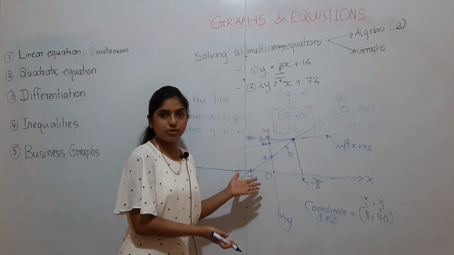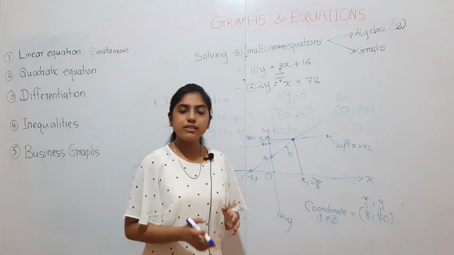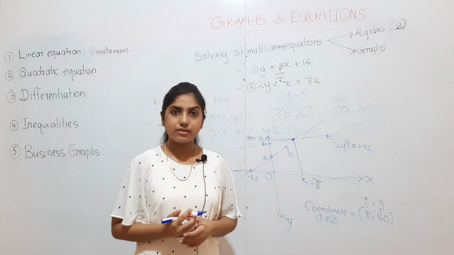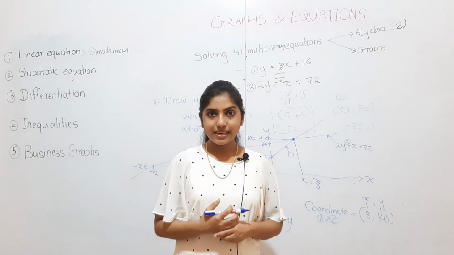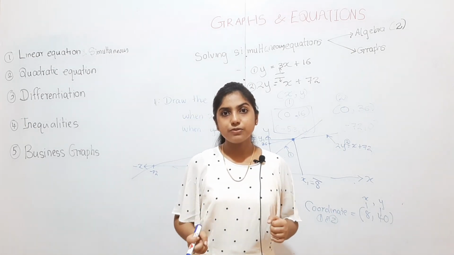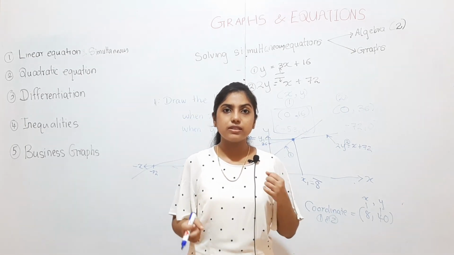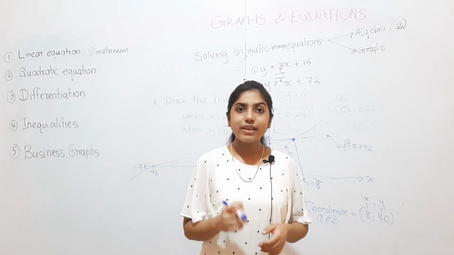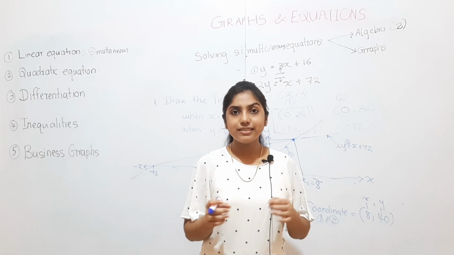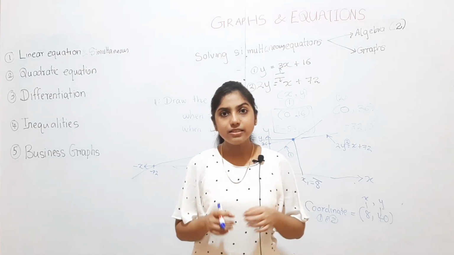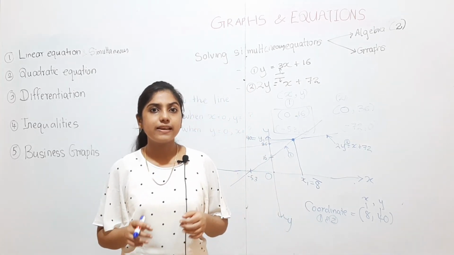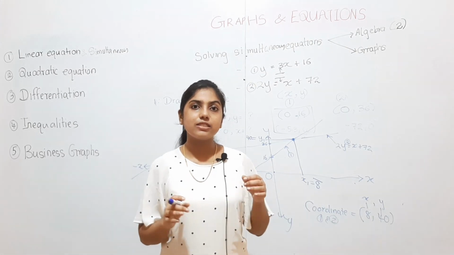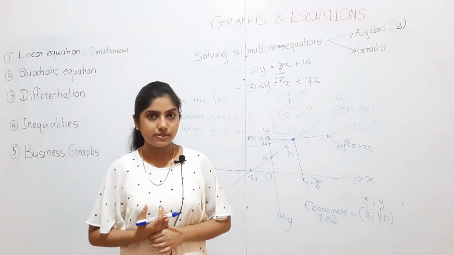This is what you should do when you solve simultaneous equations using graphs. First you should draw both lines on the graph, and then find the intersection point. The intersection point is the coordinate that gives the values satisfying both equations.